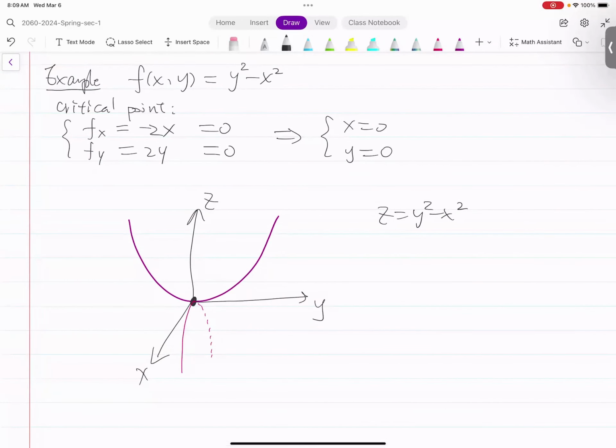So basically, if you have z value to be positive, you have a hyperbola opening along the y direction. But then if you fix z to be a negative number, you will have a hyperbola that's opening along the x direction.